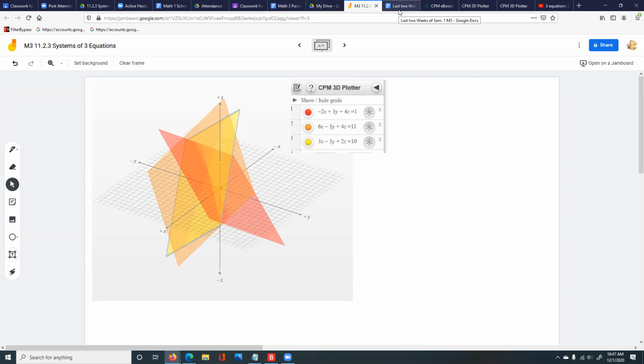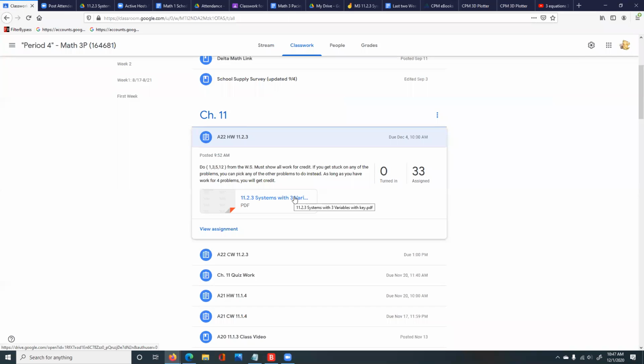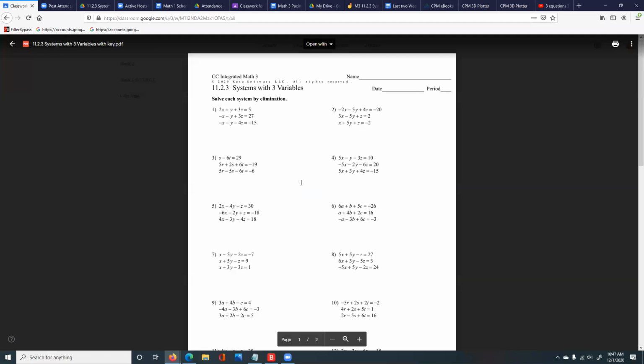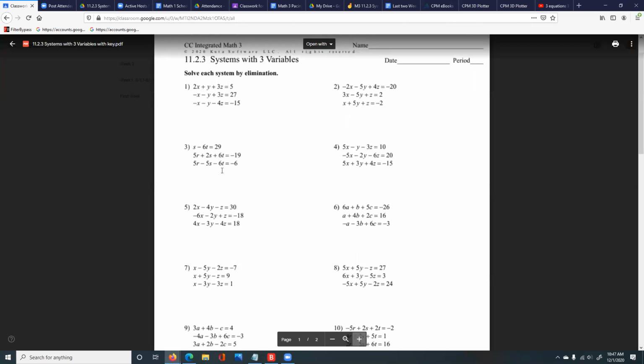Thank you. You're welcome. So for the homework, the 4 problems that I'm having you do, I wanted you to notice that 2 of the problems I picked, like right here, number 3, it only has 2 variables here, but then it has R, S, and T, and R, S, and T is just like X, Y, Z. If you want to change them to X, Y, Z, you can, but just leave them R. So this one doesn't have an R, right?